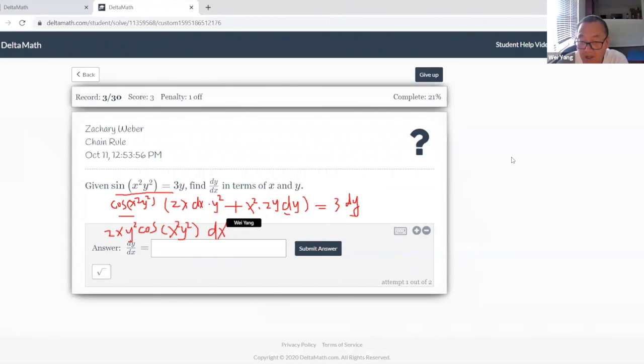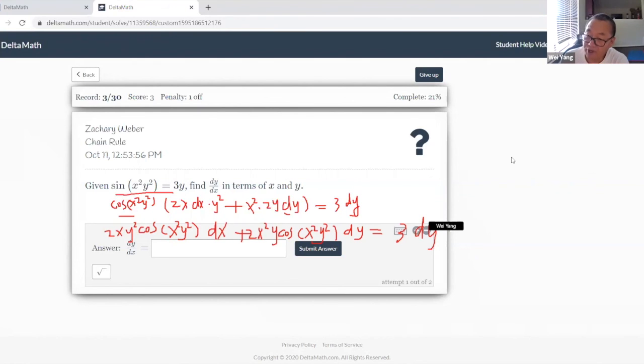Okay, this is a term related to dx. Now continue multiplying this one with this. You get 2x squared times y, then times cosine of x squared y squared, then this one dy. Then this one equals 3 times dy.